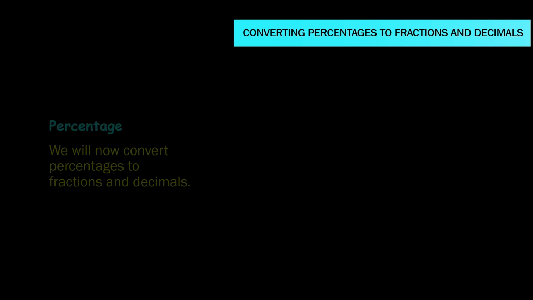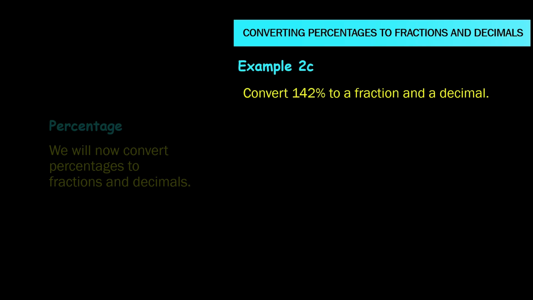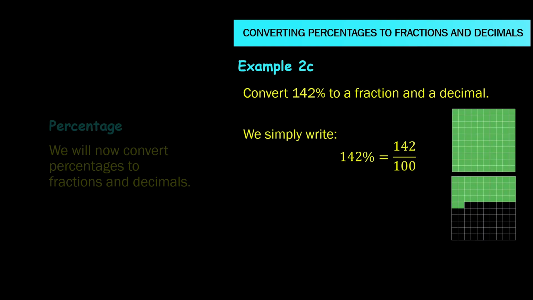Now let's take a look at another example. Convert 142% to a fraction and a decimal. Even though 142 is greater than 100, it is treated in the same way as the other examples.